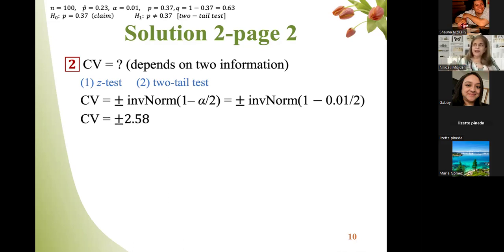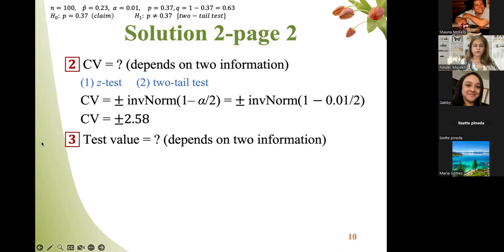Now I need my test value. Test value formula, you can copy it from the formula sheet. Again, to find my test value from the formula sheet, I have to know my parameter, in this case P, proportion, and my test, z-test, a statistical test.